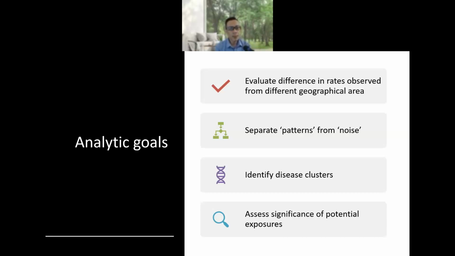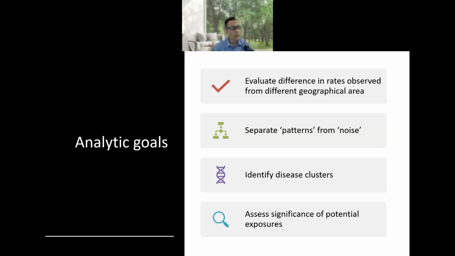We can identify disease clusters, and we can also study whether there is a relationship between the incidence of certain diseases in the area with some environmental factors or socio-demographic factors and whatnot.